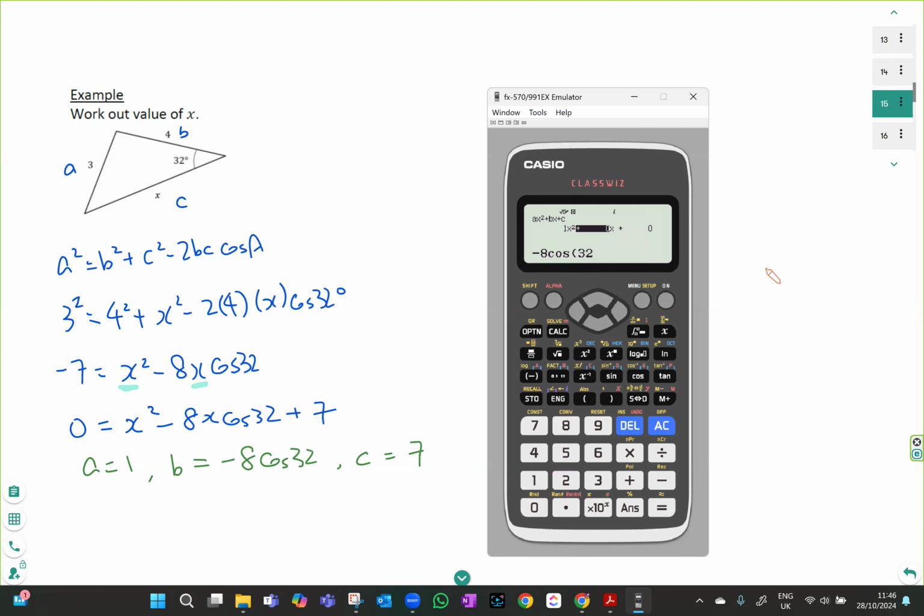If you don't have degrees, you can press shift menu to change the angle unit, and press 1 for degrees. Okay, let's try it. -8 cos 32, and then c will be 7. Just let the calculator solve it. You get 5.52, and that's the answer. So x equals 5.52.